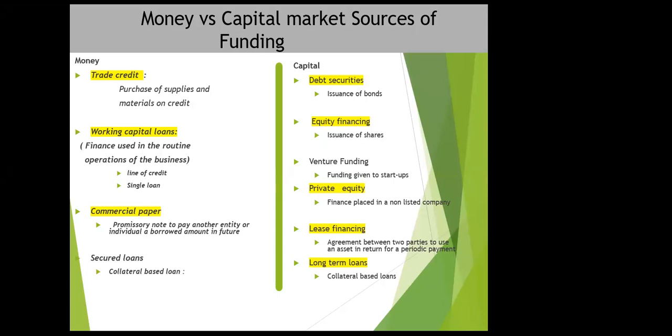So what does this entail? Assuming that you're in need of funds at a given point in time, and this has got nothing to do maybe with the production of goods, or with paying of salaries and other operational issues, but you really need that money.